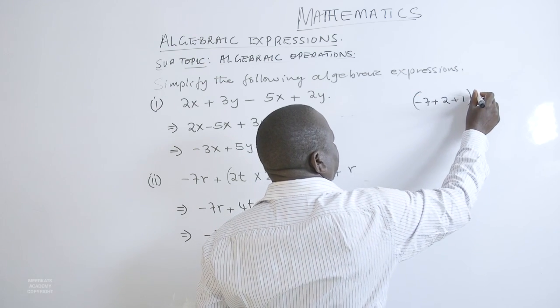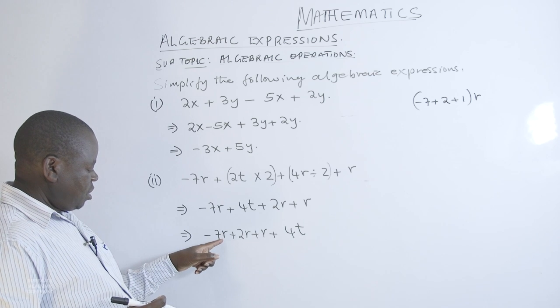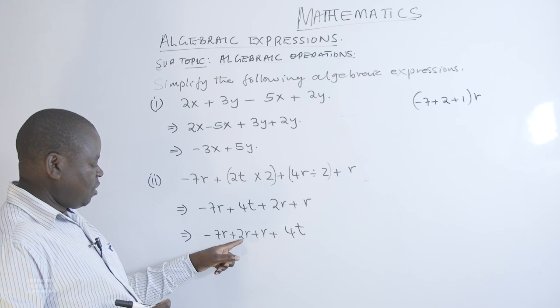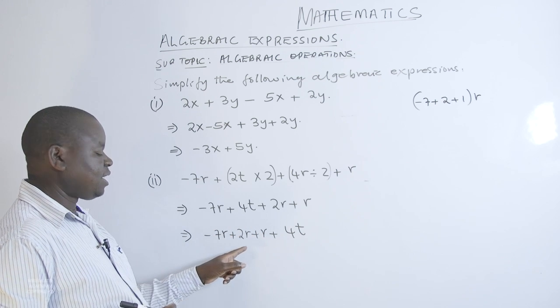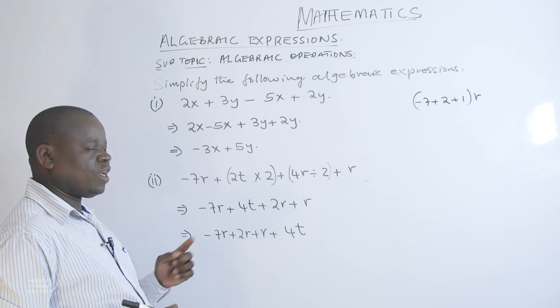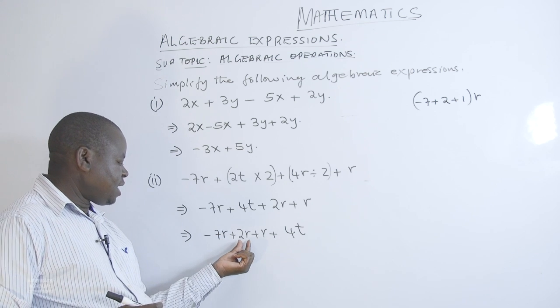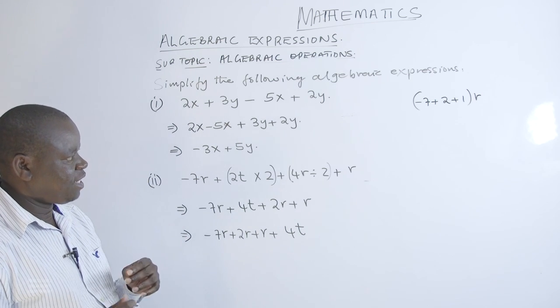We multiply by r. Why? We filter r out because it is common in each of the first three terms. It is common in minus 7r, it is there in 2r, and it is there in r. So we filter it out.